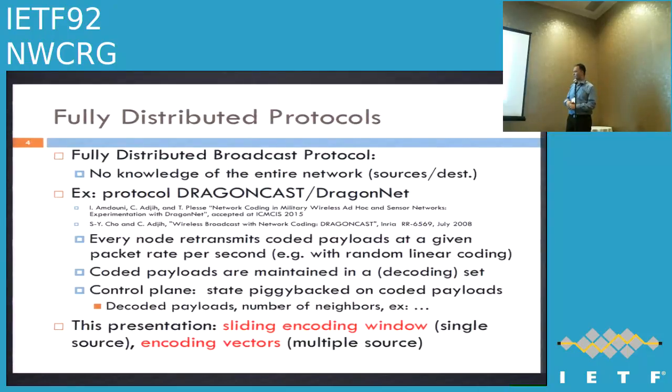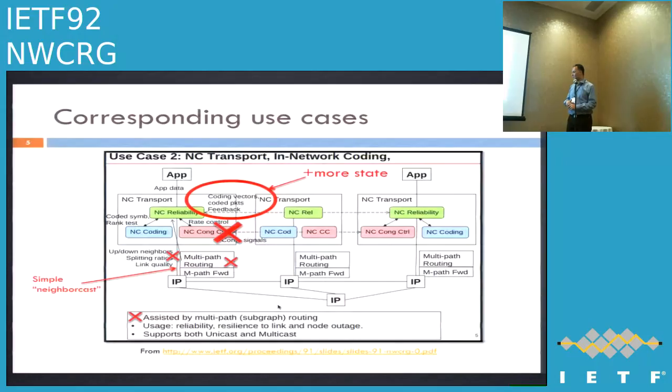Next slide. But first, I must say that we have looked at the previous presentation about the network coding architecture and how we fit together. This is the old slide from the previous IETF meeting, but it still corresponds to the current use case, and we fit very well.